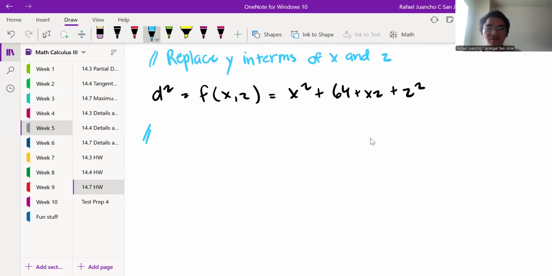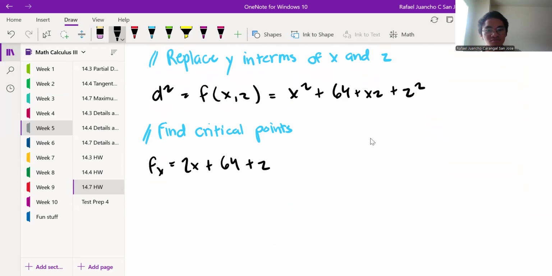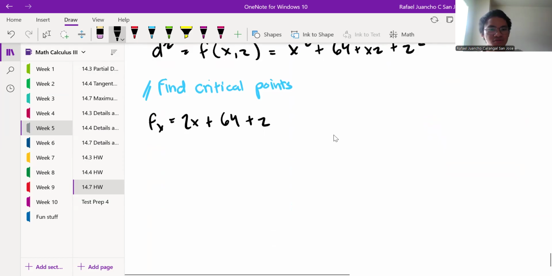And then from there, now we find critical points of this function. And so we get their partials, one in terms of x, one in terms of z. We set it to 0. So in terms of x, I get 2x plus 64 plus z. Done. Or no, 2x plus z.